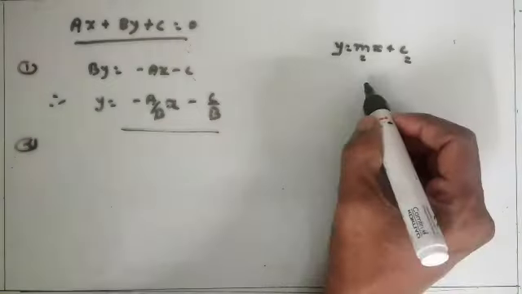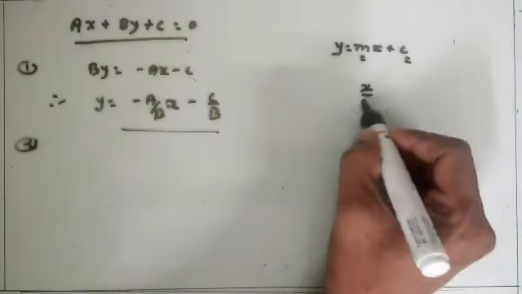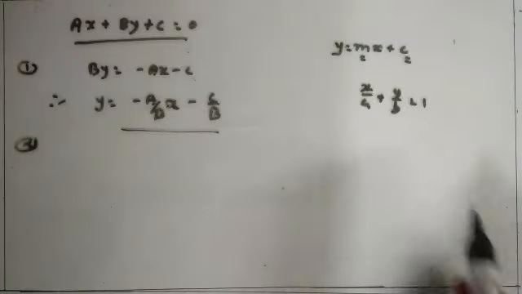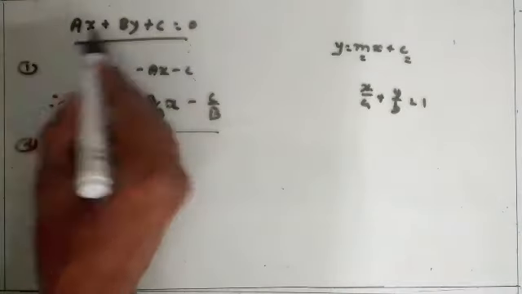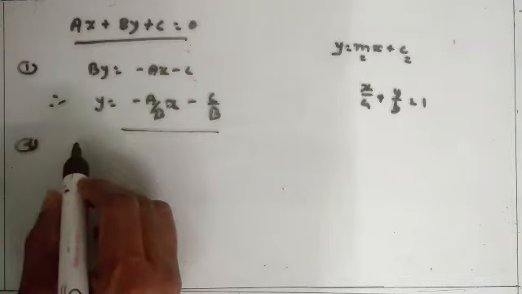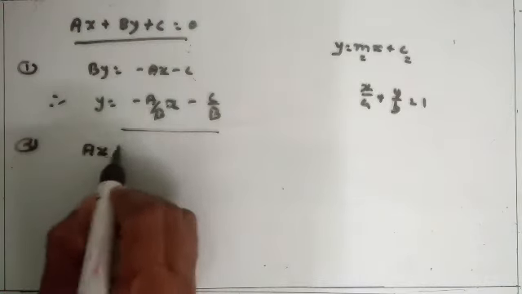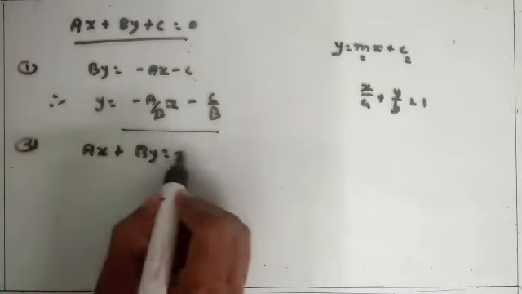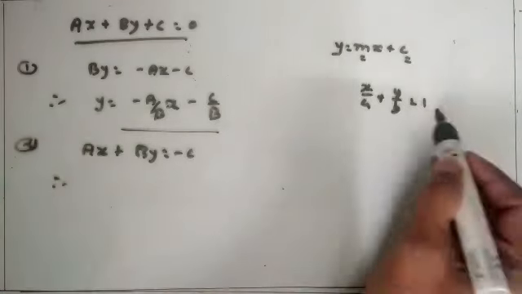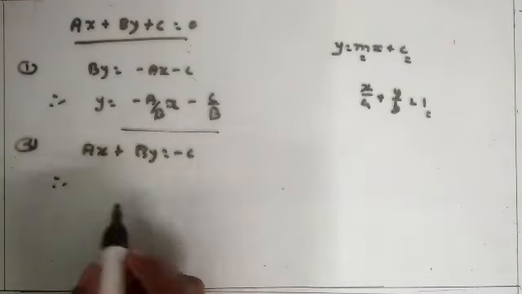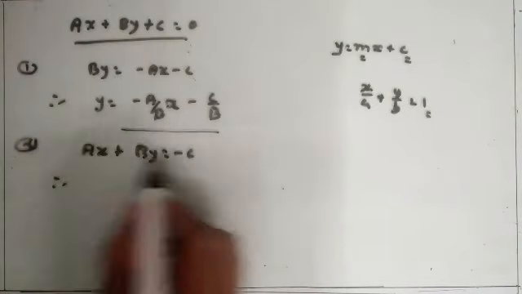Next, the intercept form. We know that the intercept form of a line is x/a + y/b = 1. Change the general equation of a line into this form. For this, take c to this side, so ax + by = -c. Now to get 1, divide both sides by -c.